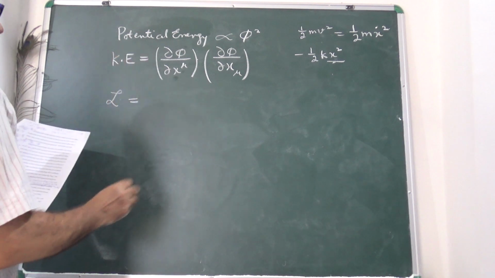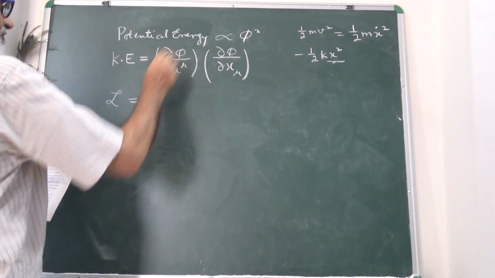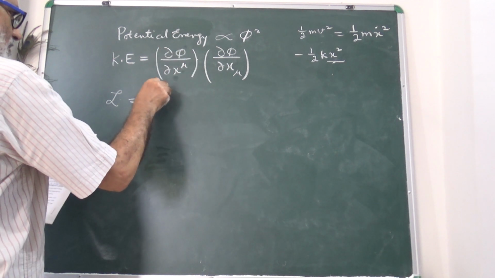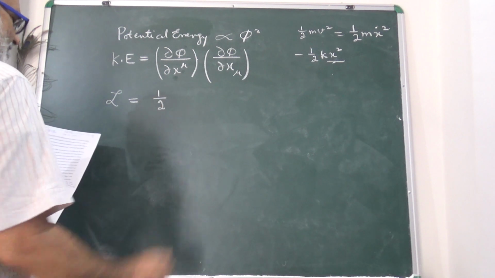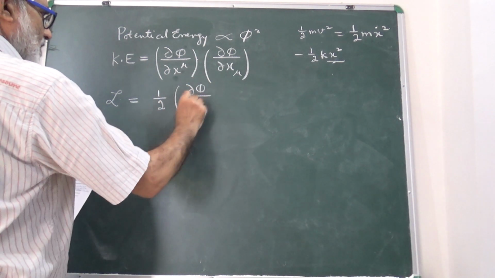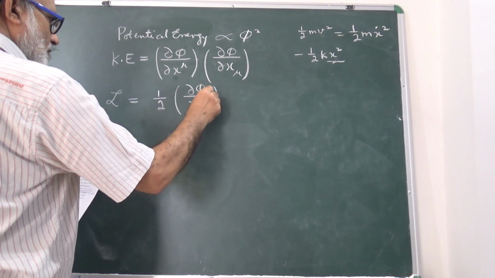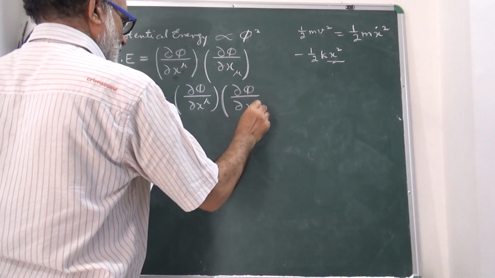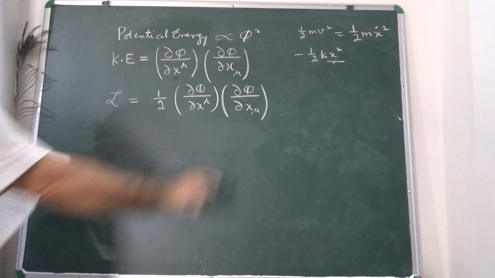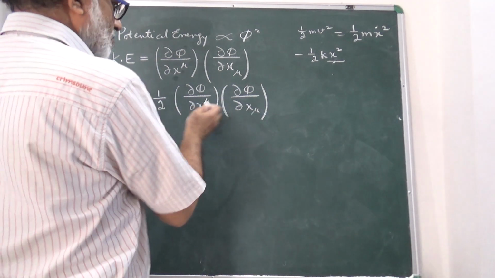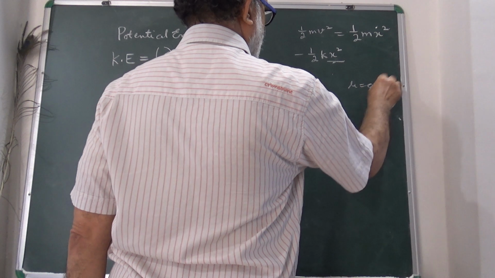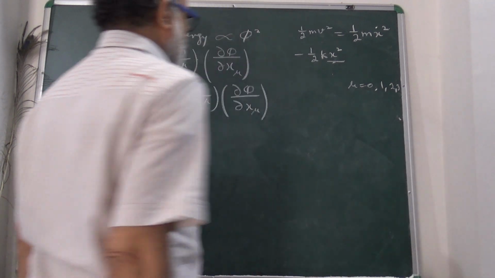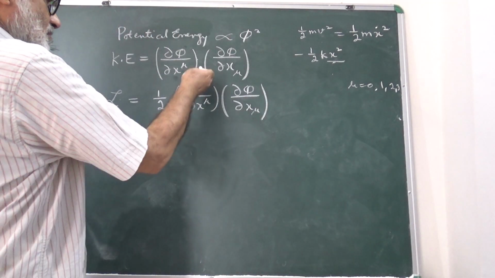For a field value phi, the kinetic energy is equal to half del phi by del x mu times del phi by del x mu. Here mu contains both the space and time parts: the time component and the space components. So it is the variation of the field with both space and time.